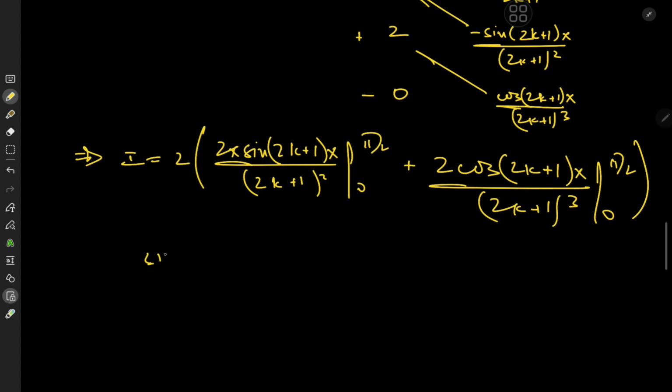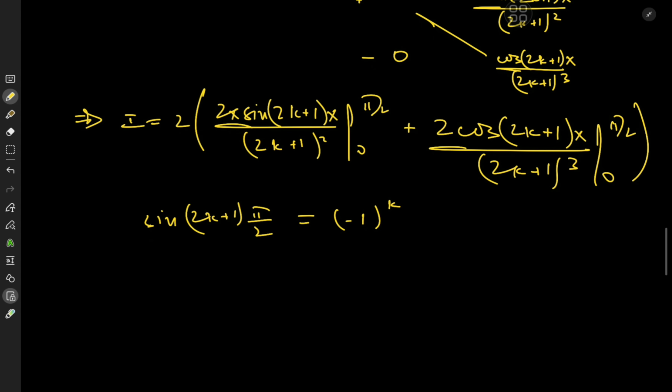Now, what on earth is sine of (2k+1) pi over 2? This thing is just the sine of some odd multiple of pi over 2. So this thing equals negative 1 to the k. For k equal to 0, yeah, you should get a plus 1. Yep, checks out perfectly. And what is the cosine term? We just saw that that thing is 0, but the cosine of 0 is 1.